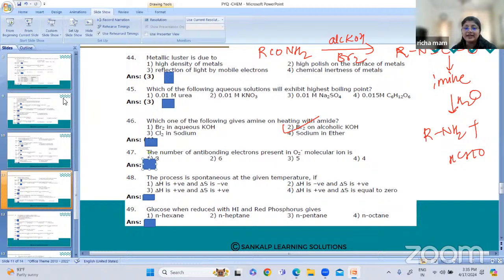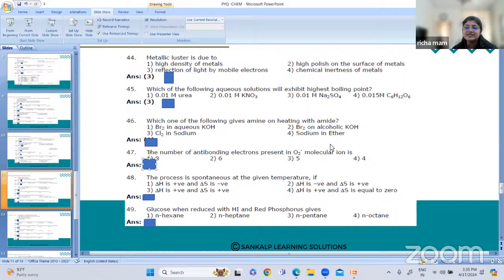The number of antibonding electrons present in O2 minus molecular ion is.